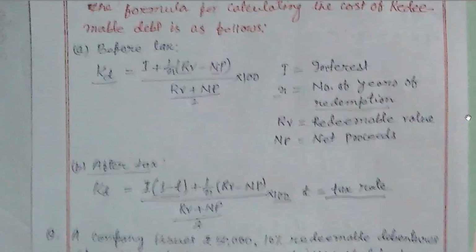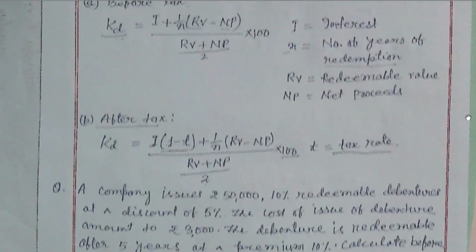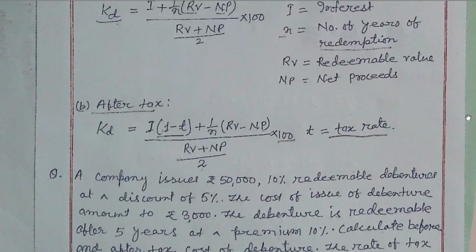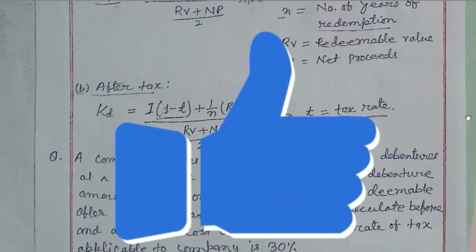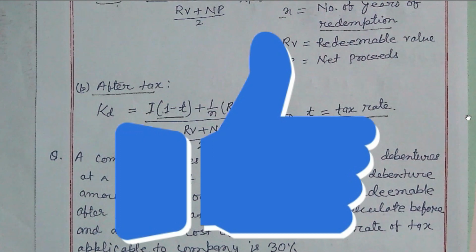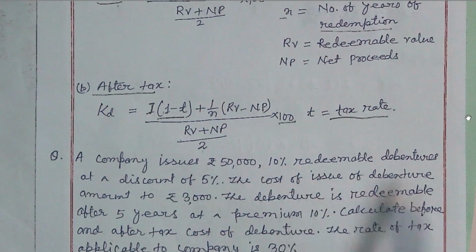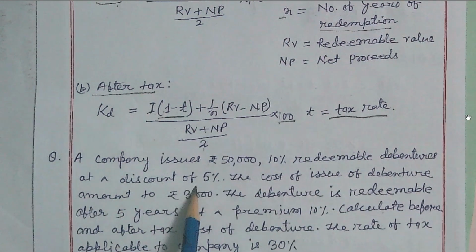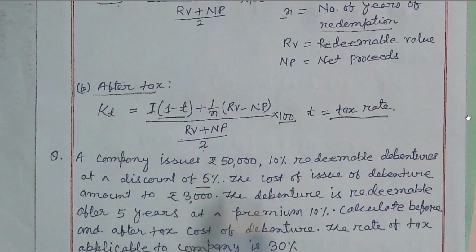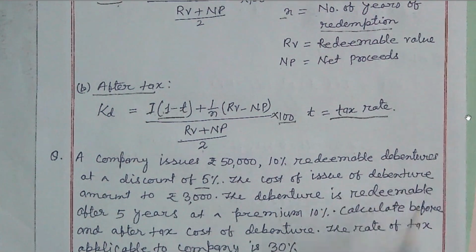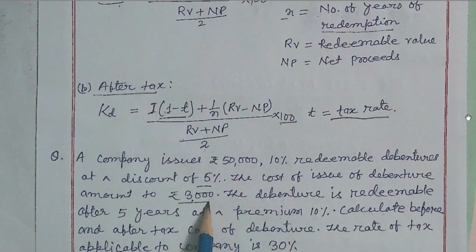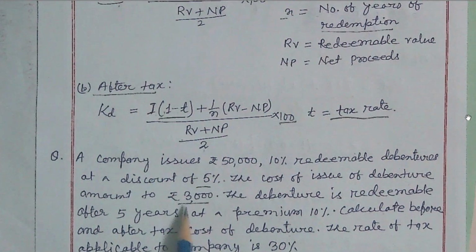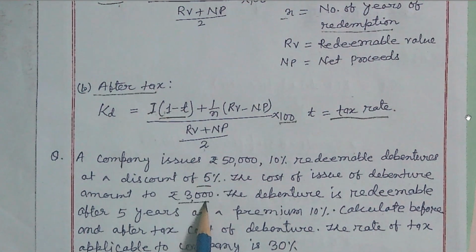So here I have taken one illustration. See this on your screen. A company issues 50,000 10% redeemable debentures at a discount of 5%. The cost of issue of debenture amounts to rupees 3,000. So for the issue of debentures, the company has incurred expenses of rupees 3,000.